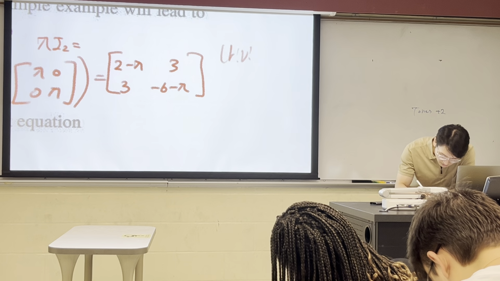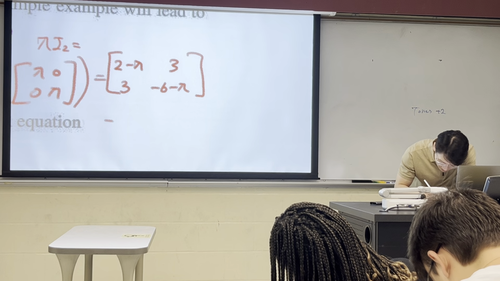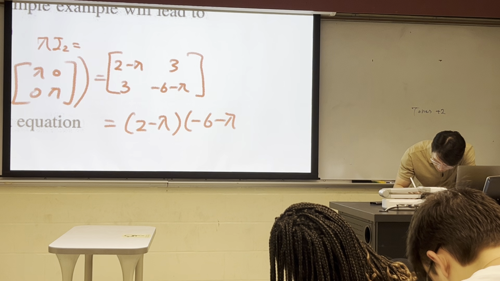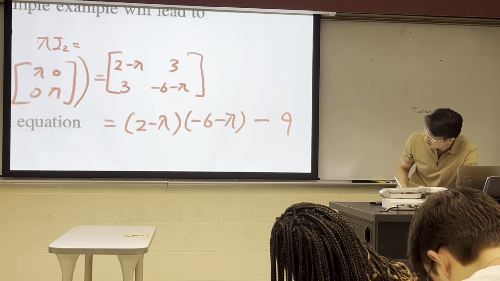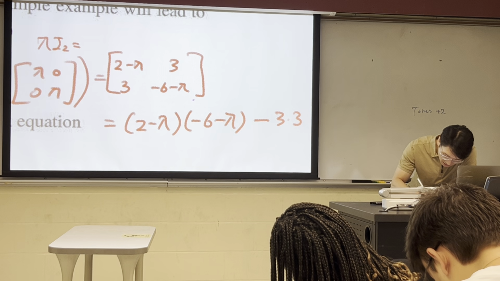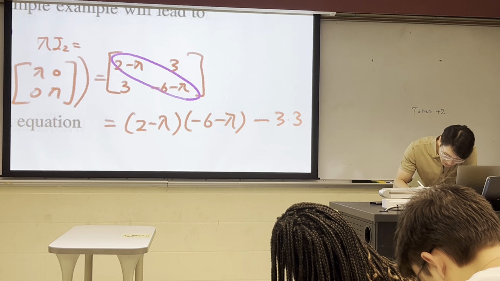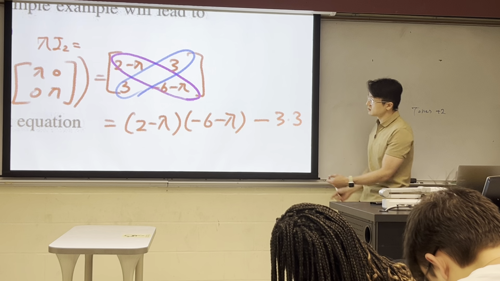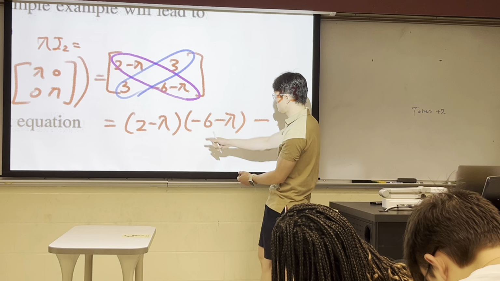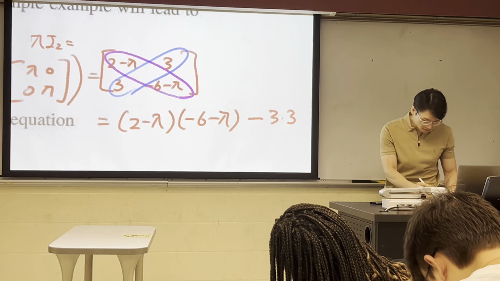No. Here, 2 minus lambda times minus 6 minus lambda, minus 9. 3 times 3. So you multiply these two, and you multiply these two, and you subtract. And you set this equal to 0.